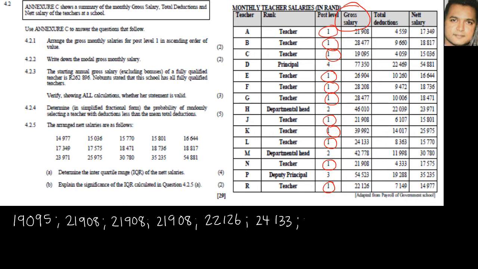Higher than that will be 26,904. Higher than that will be 28,000. I think it's 28,208.